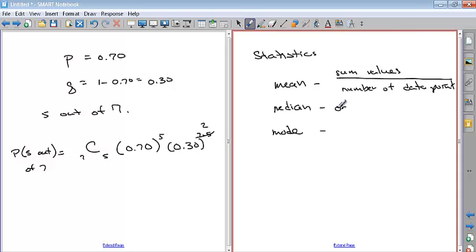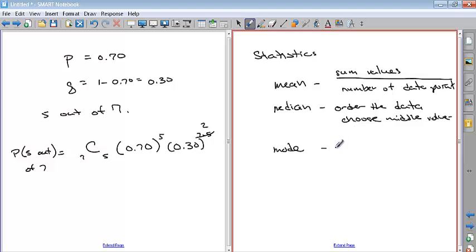Median is you order the data and then choose the middle value. The middle value is different depending upon whether you have an odd or even number. So I'm going to ask you to review that.